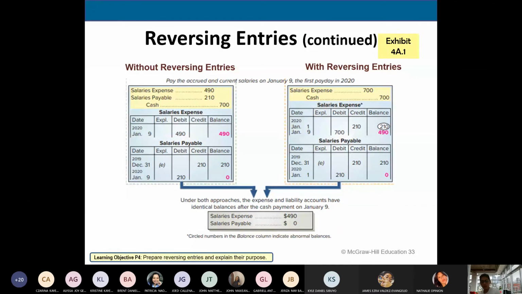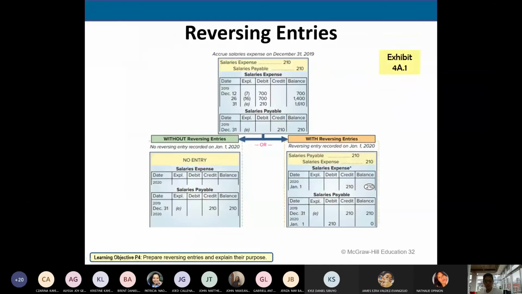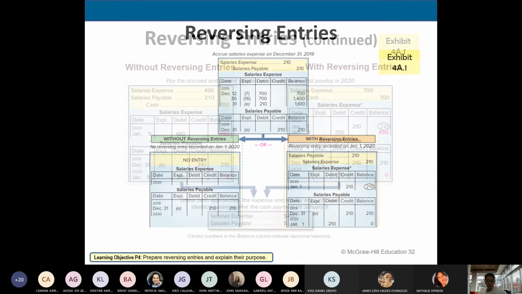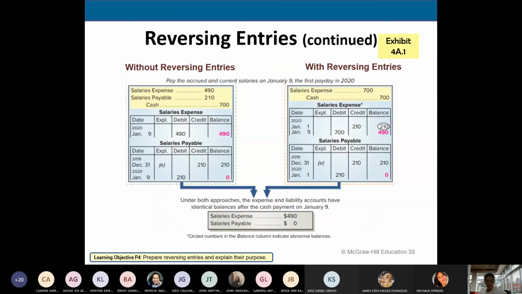So, yung ginagawa tong reversing entry na to on January 1, 2021. Okay, the following year. Okay? So, these are the effects, no? But providing reversing entries or not providing reversing entries will yield the same.